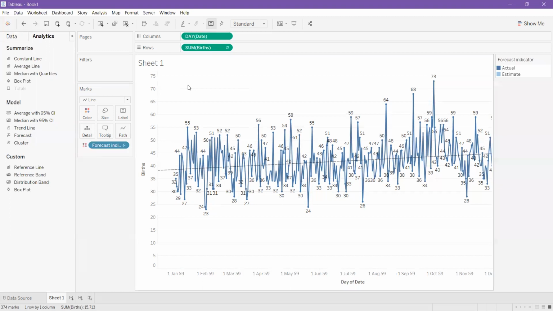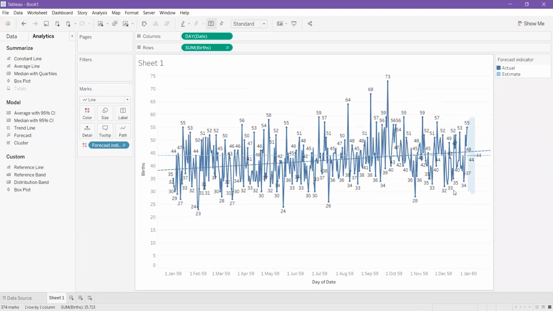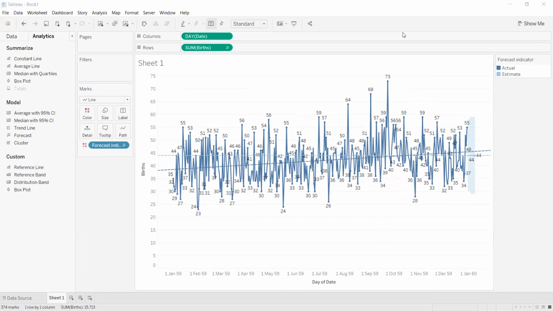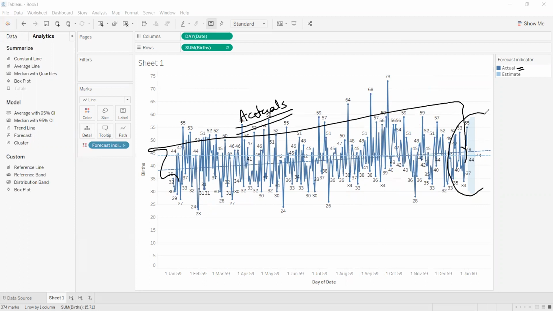So now I'm going to do a forecasting. The moment I do a forecast, you see what it is saying. After the forecast option was enabled, let me change the color so that I can show you. Until this point in time, these are the actuals, right? This is where the actuals fall in, and here I have the prediction.